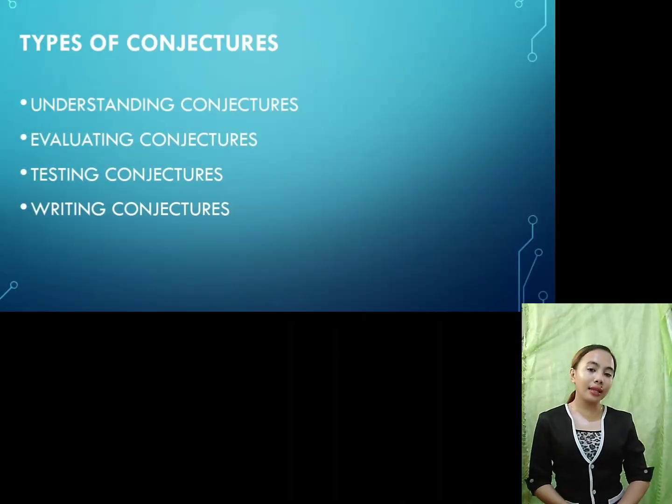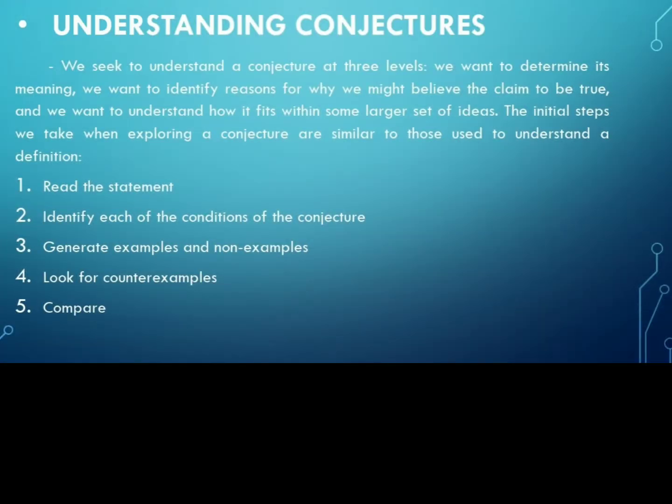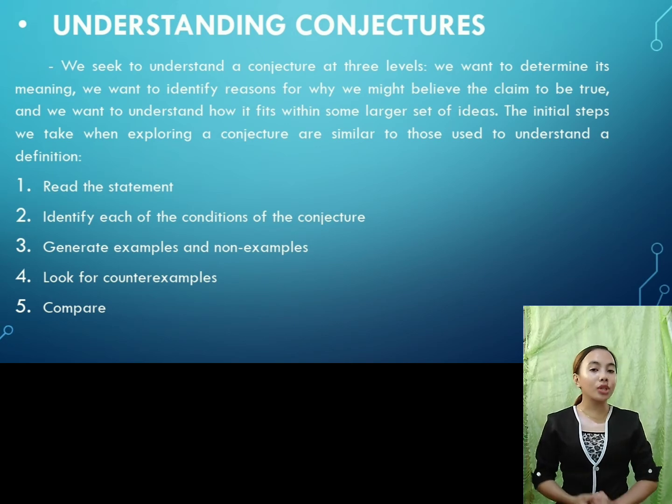So now, let us know about the types of conjectures. There are four types of conjectures, which are the understanding conjectures, evaluating conjectures, testing conjectures, and writing conjectures. First is the understanding conjectures.